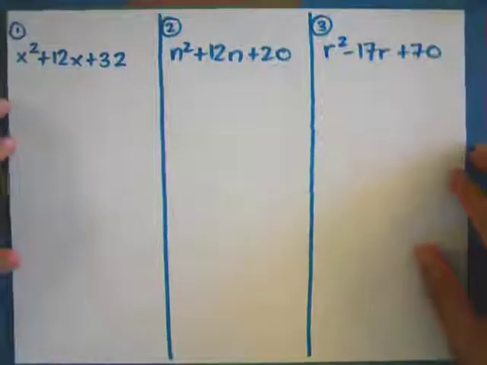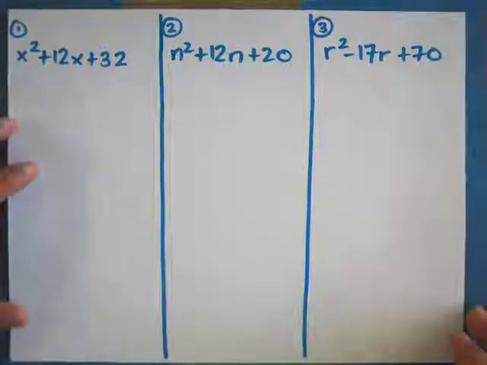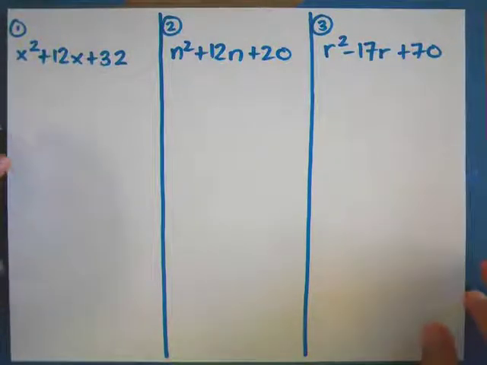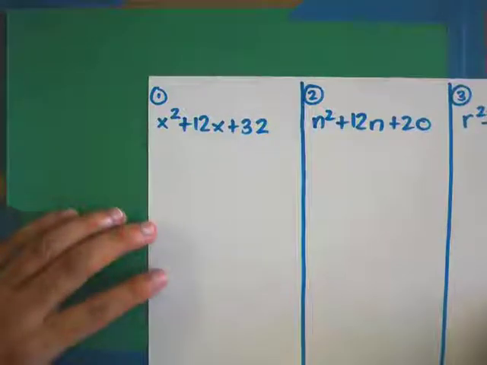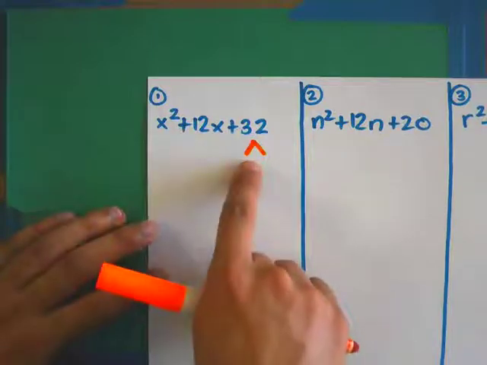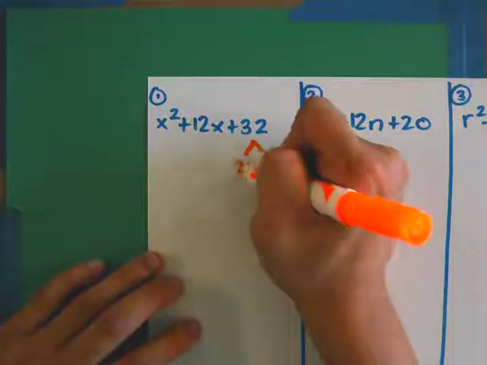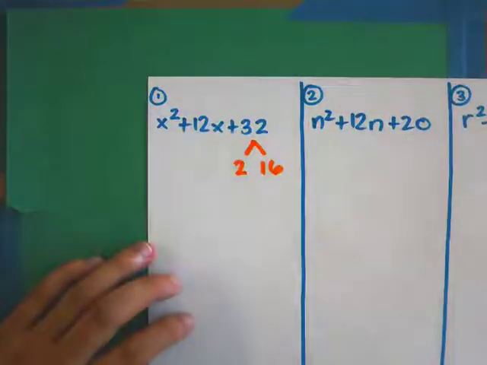Well, let me just show you guys how to do these problems then. For the 32, there's a 1 in front of the x squared, so we're just going to deal with that last term over here. What 2 numbers multiply to 32? Some people will go 2 times 16, that's totally fine.